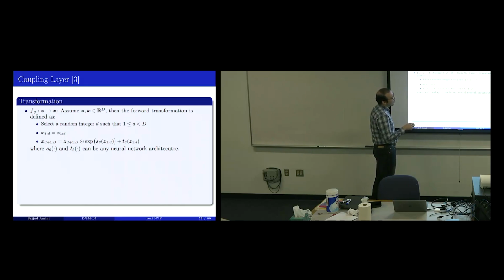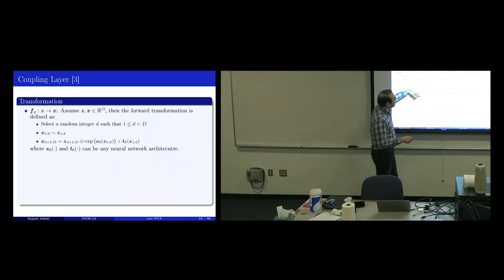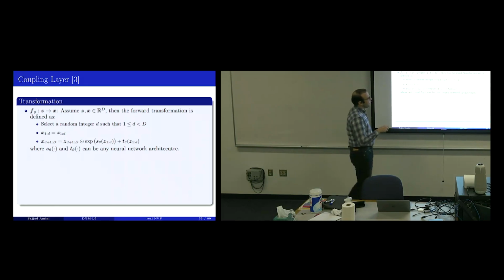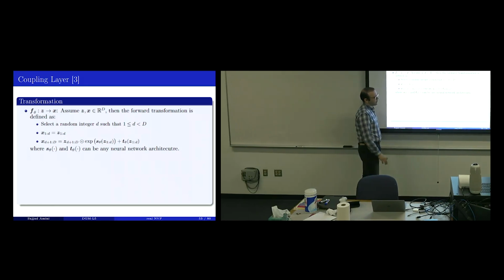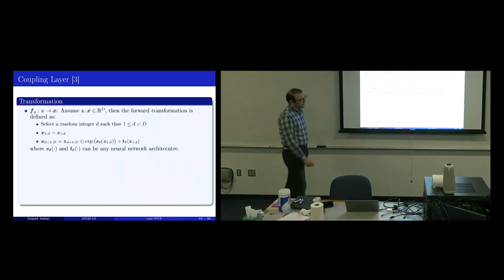Previously, the second part was just added with the transformation of the first part. It means that we did not have this scaling, but here we merge them together. You simultaneously rescale and also add something to your second part, where these two, s theta and t theta, can be any neural network architecture. There is no limitation over them, such as invertibility.